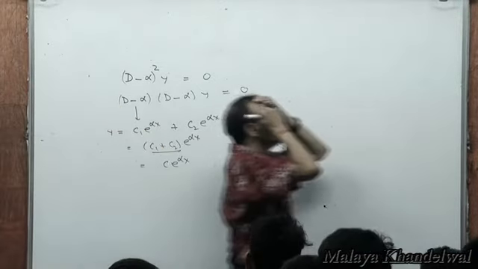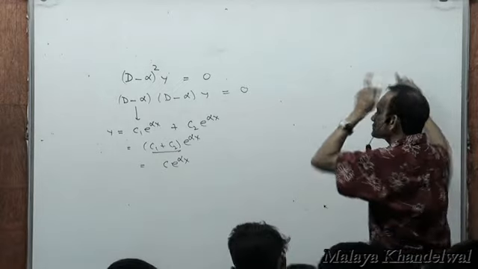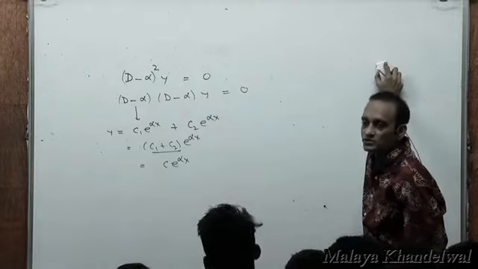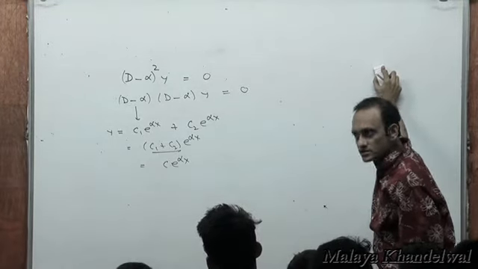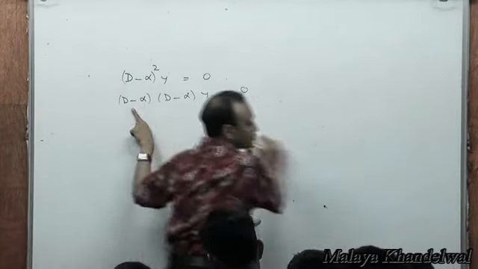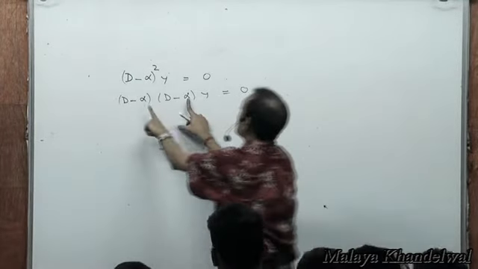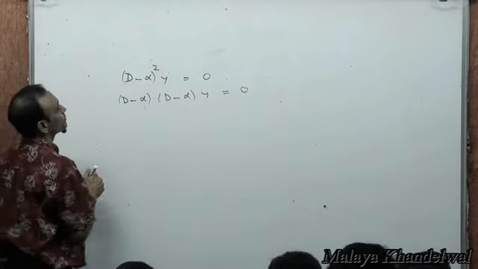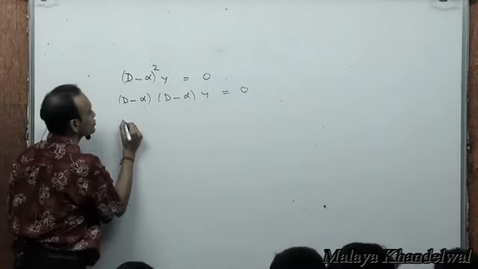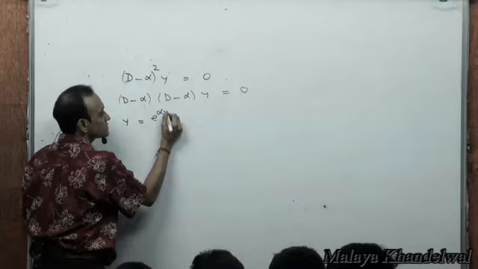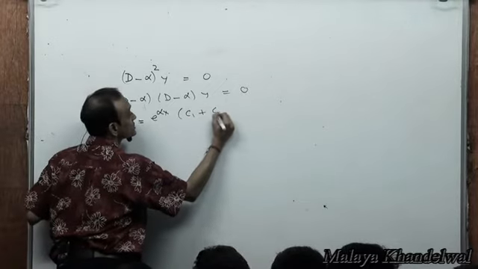Now let me tell you what they do. If you find alpha a repeated root in the characteristic equation, repeated twice, then the general solution is going to be e power alpha x (C1 plus C2x).